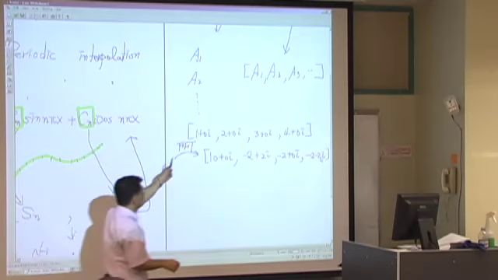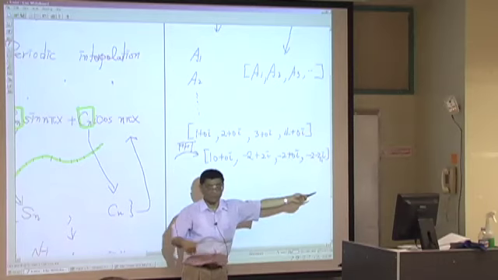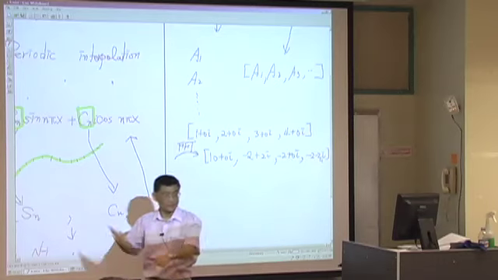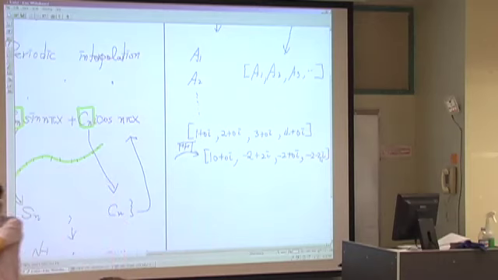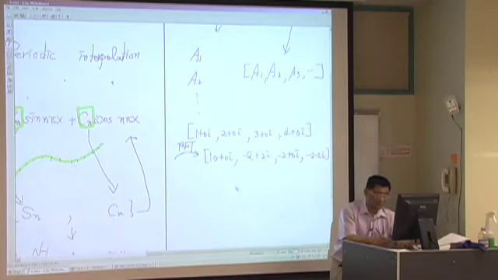Then from this set of points, we determine these coefficients in front of e to the power of something. So this is the idea. And the reverse of this step is called IFFT.